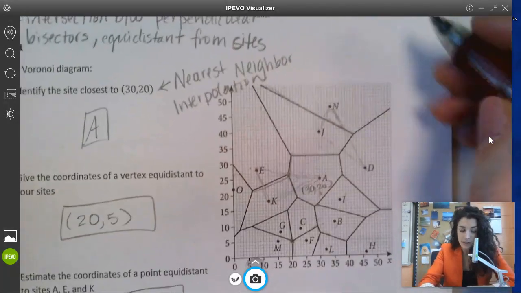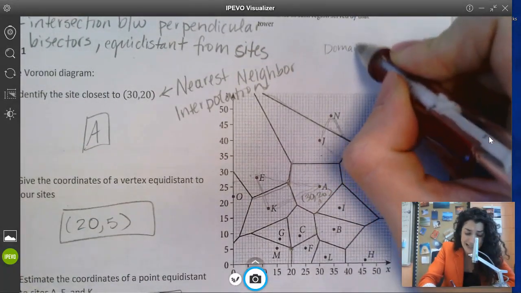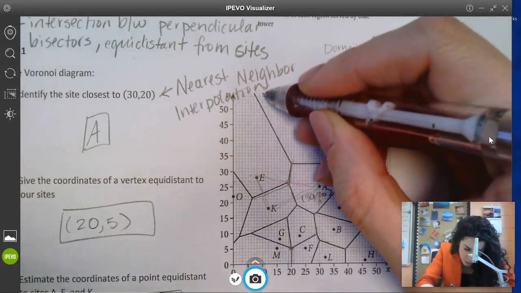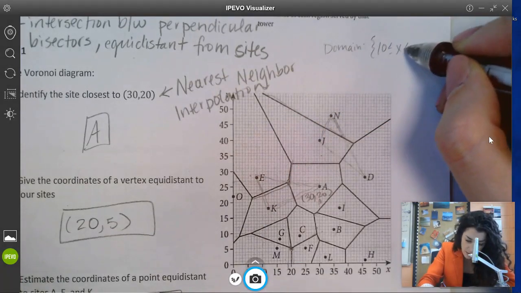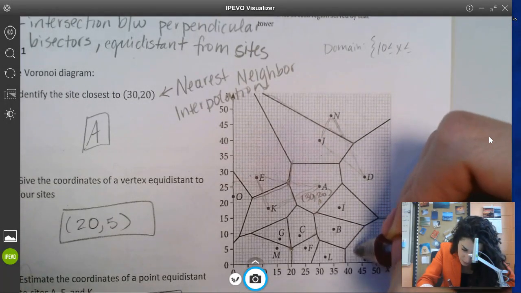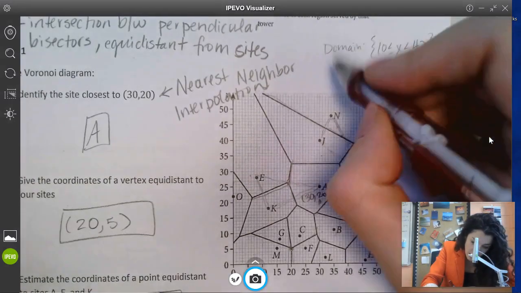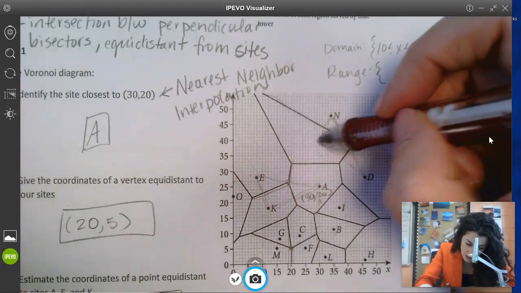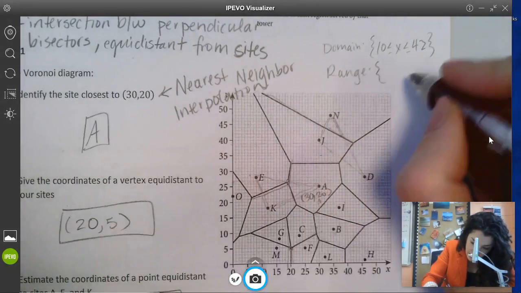I know that was a little hard to keep track of, but my domain for the perpendicular bisector is between, I think that's 12. No, that's 10. And 42. And then my range for the perpendicular bisector, going to the end of it, is 39 and 55.